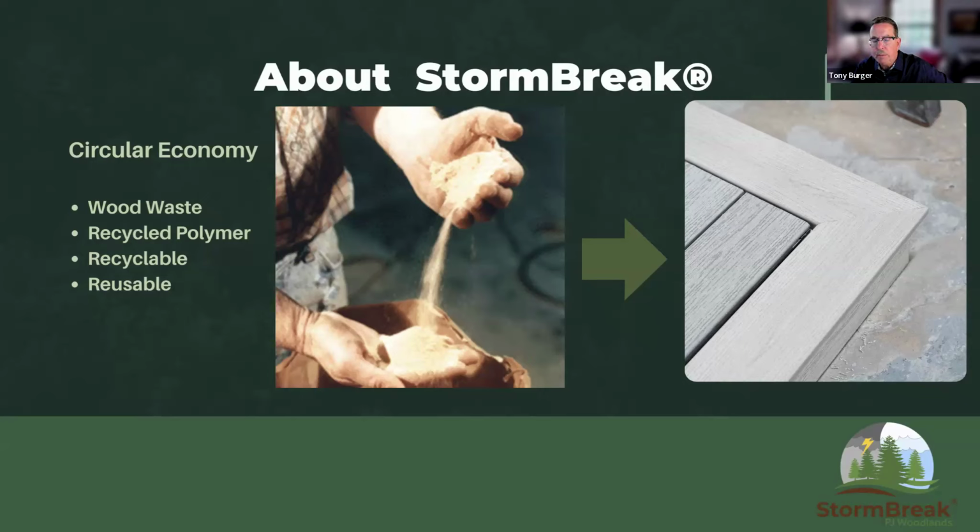And we think that's a key tenet of our being socially responsible, is that worst case scenario, if we have waste material or somebody wants to replace their deck and it's made out of our material, we can take it back, recycle it, and reuse it.